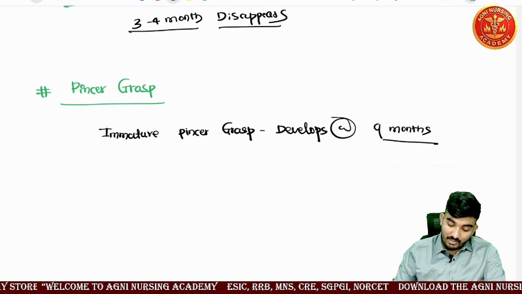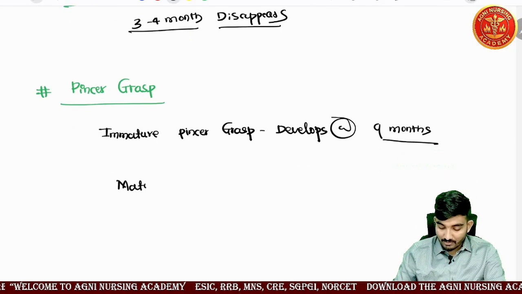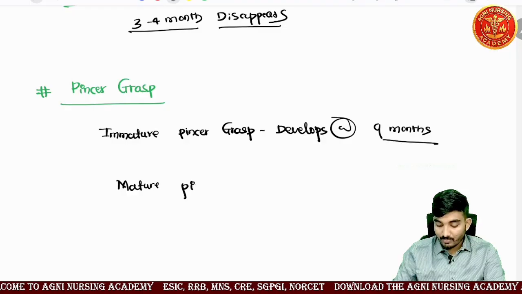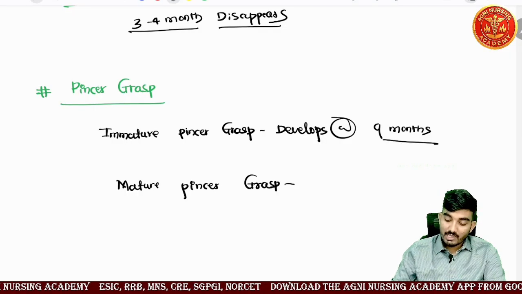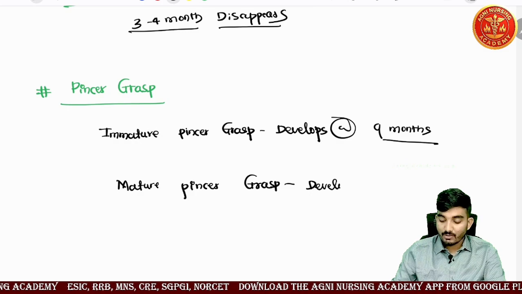And the other one is the mature pincer grasp. Mature pincer grasp develops at the age of 12 months.